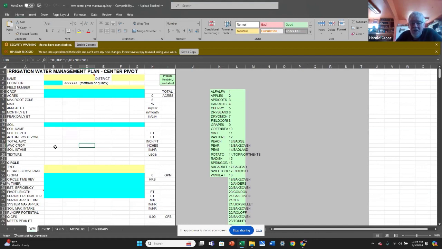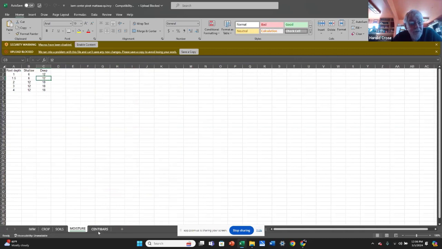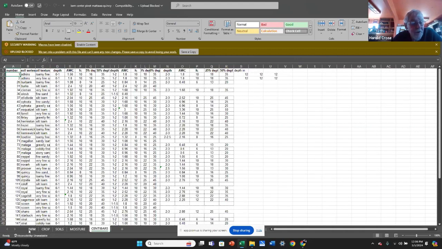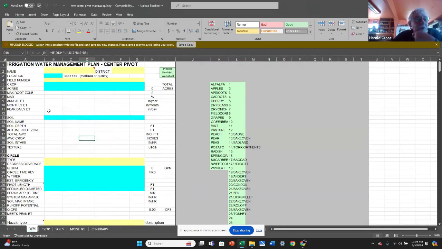This is a fantastic tool that NRCS has available. You can develop an IWM plan off of this. It really has all the crops, soils, moisture levels, and centibars. Everything's in here. But for planning purposes, I'll just run through one real quick for you right here. Put the name in and the location. There are drop down menus.